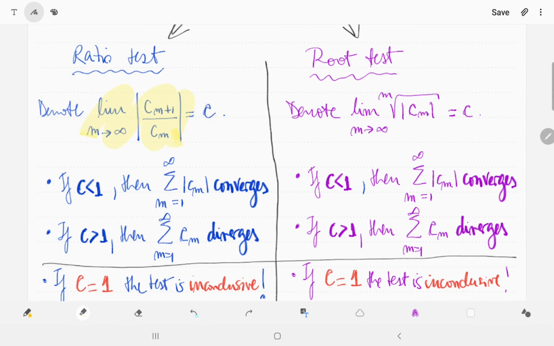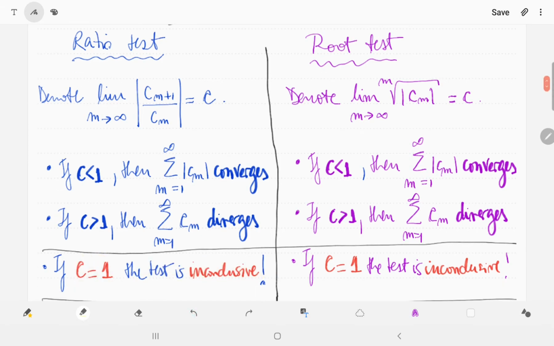If this limit is strictly less than 1, then we know that the series converges. If it's greater than 1, we know that the series diverges. But when C is exactly 1, the test doesn't help, it's inconclusive.